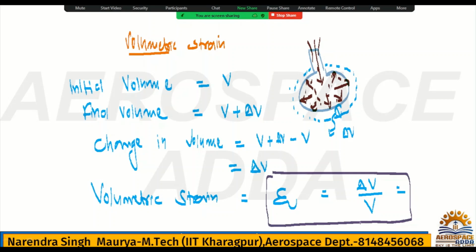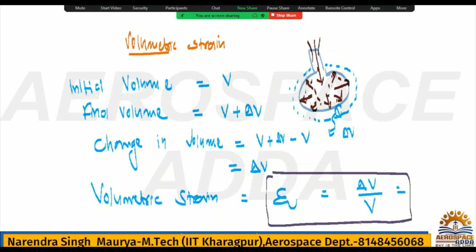Because if you talk about the change in volume by original volume, definitely for the Cartesian coordinate system, volume will be different. For the cylinder or for the sphere, volume will be different. So change in volume will also be different. Based on shape and size, volume will change. Hence volumetric strain will be completely different for different types of cross section objects.